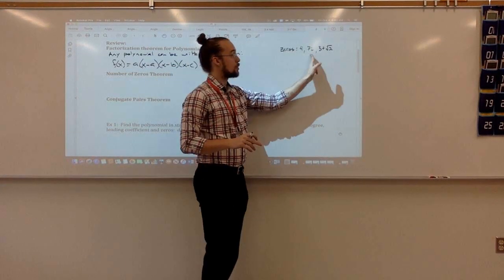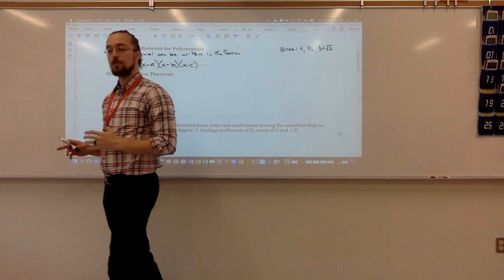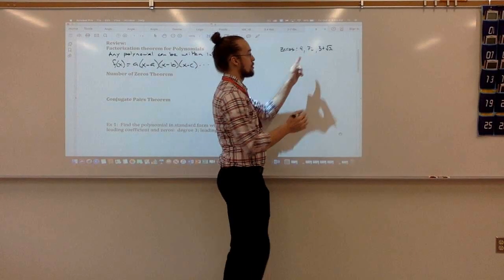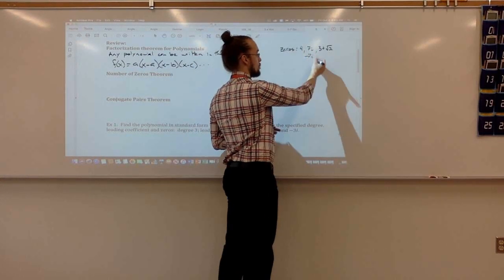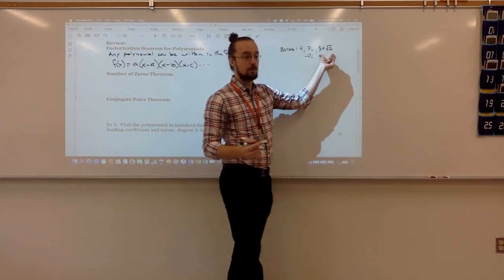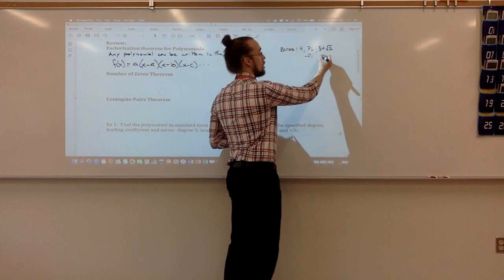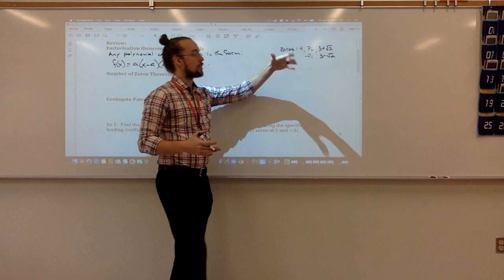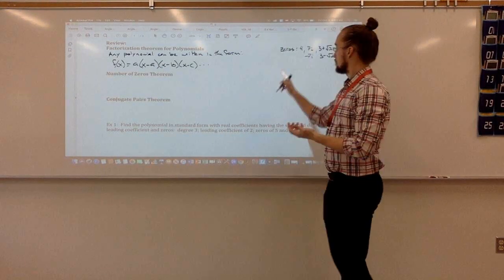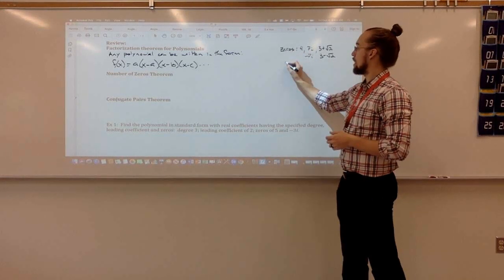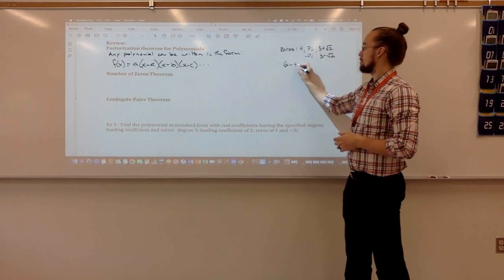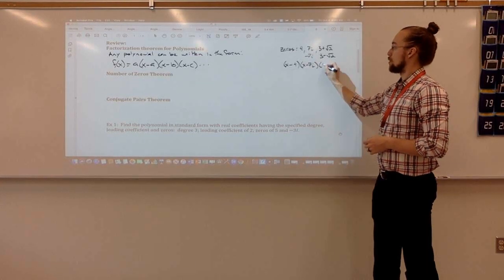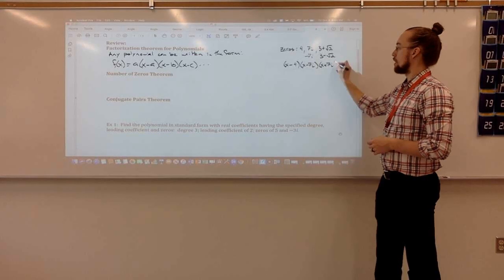Right. These ones have to come in conjugate pairs, right? We talked about that a little bit yesterday. So if 7i is a 0, negative 7i is also a 0. If 3 plus the square root of 2 is a 0, 3 minus the square root of 2 is also a 0. So if I wanted to write this polynomial out, I'm just going to list these factors. So I would say x minus 4, x minus 7i, and also x plus 7i.